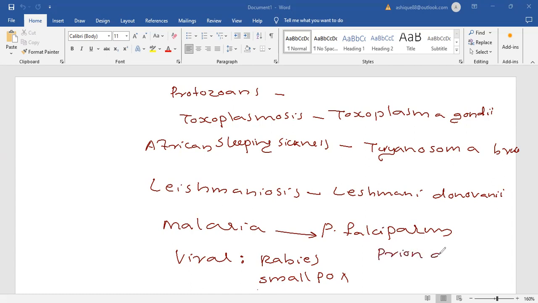Prion disease, one example you have to study: Kuru, Scrapie, Familial Insomnia. Okay. So these are some of the diseases caused by pathogenic microorganisms.